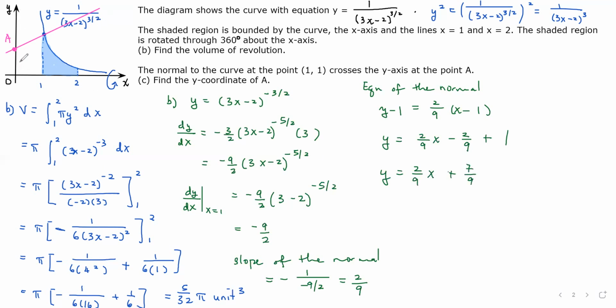This normal crosses the y-axis at the point A. On the y-axis, x is 0. So substituting x equals 0 into the normal line, we have y equals 7/9. That is the y-coordinate of point A.